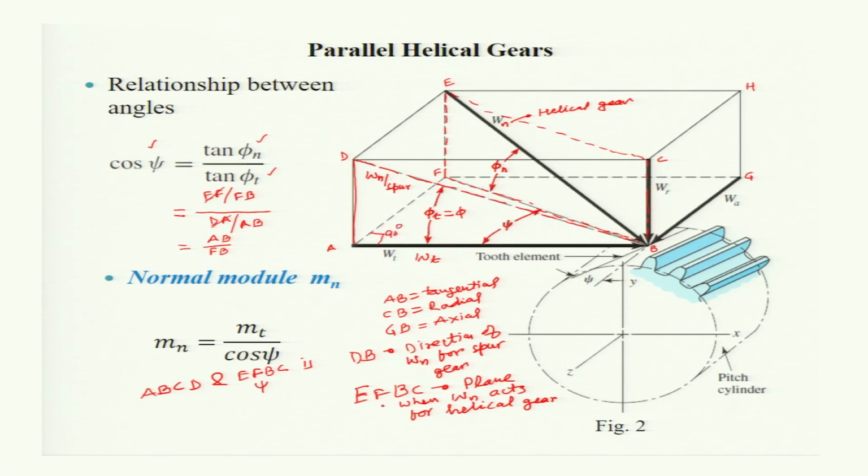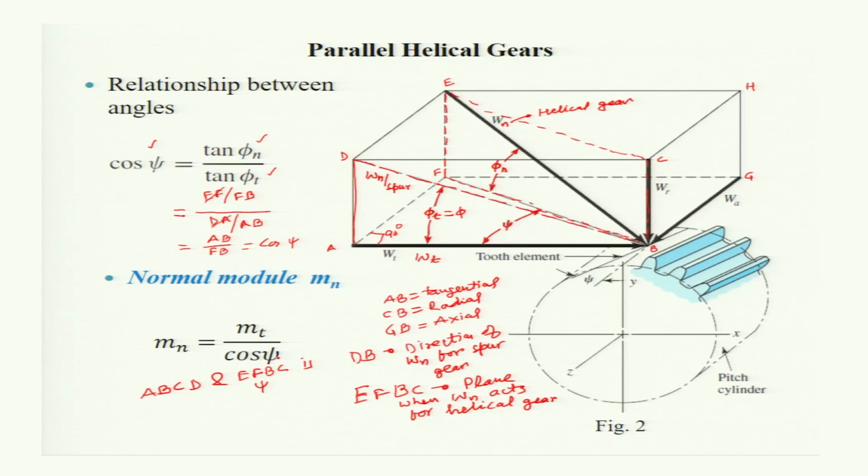So you can take the triangle AFB, and in this AFB, this AB divided by FB, where is the FB? This FB will be your cos psi. So this is equal to cos psi. Normal module Mn is Mt divided by cos psi.